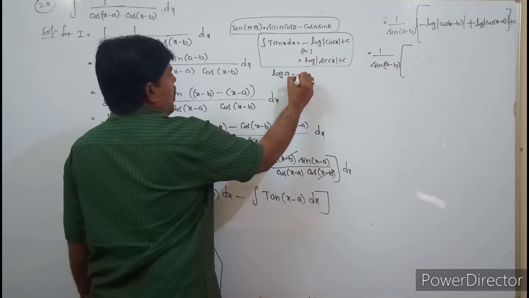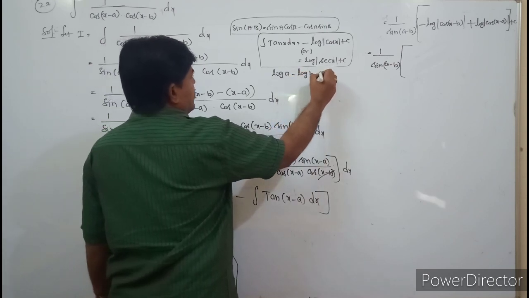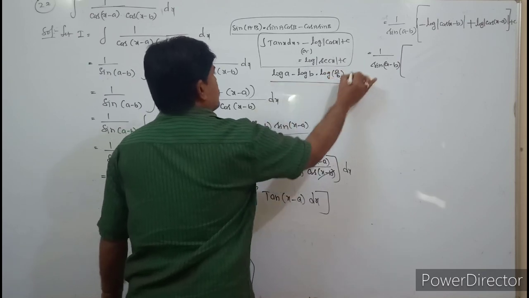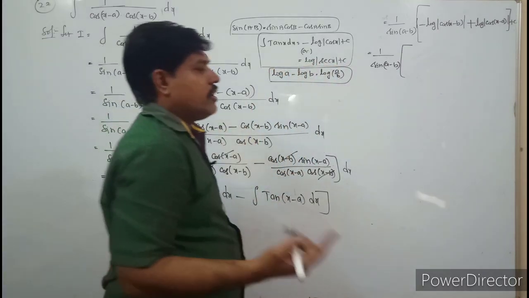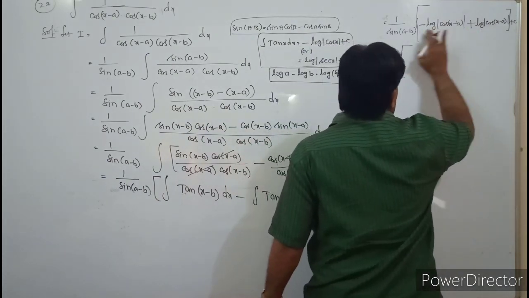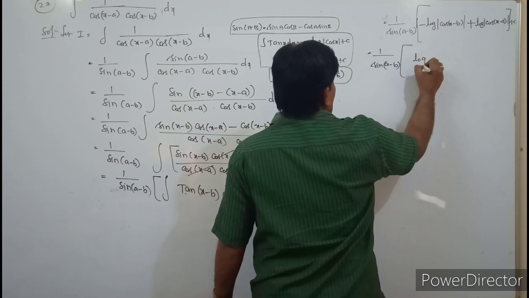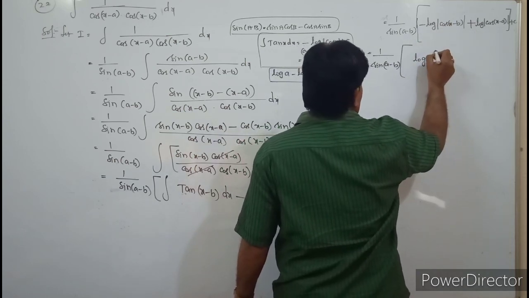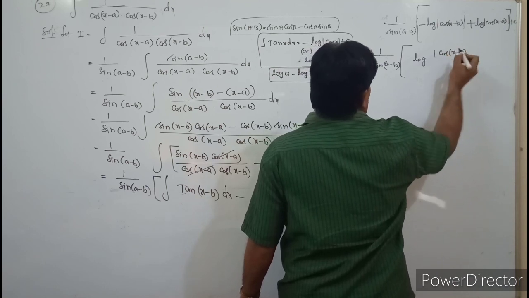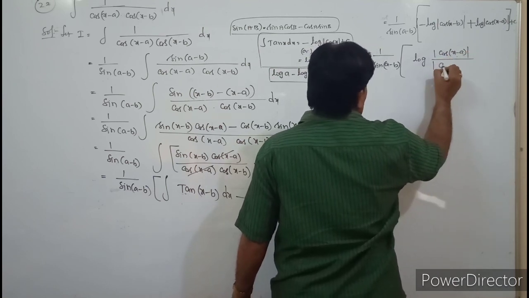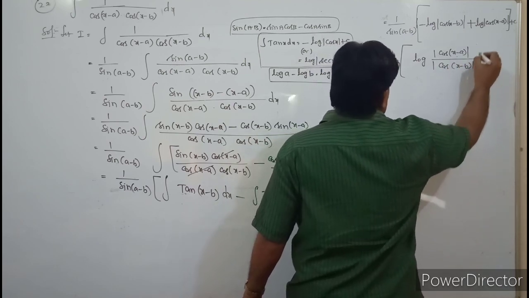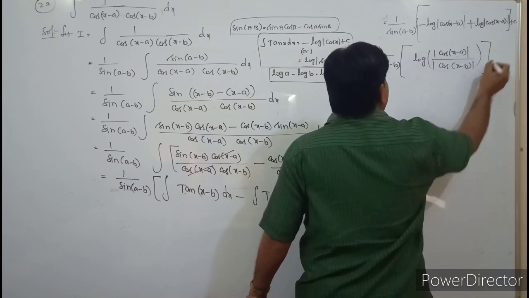Log a minus log b is nothing but log of a by b. So here, log a minus log b you can write as log of a by b. Log of a by b is nothing but mod cos of x minus a by mod cos of x minus b, plus c.